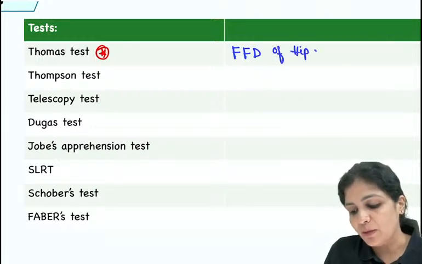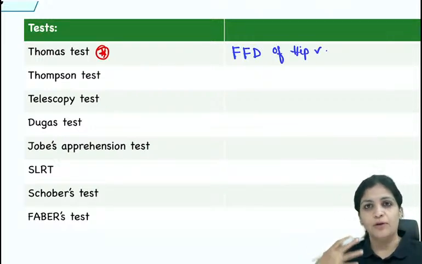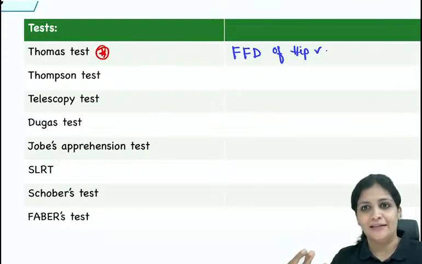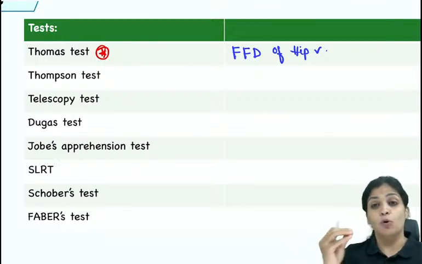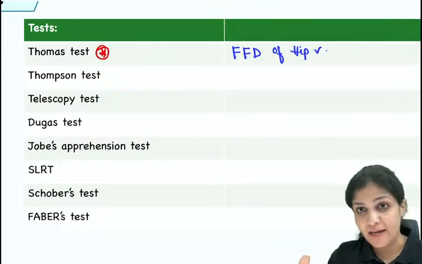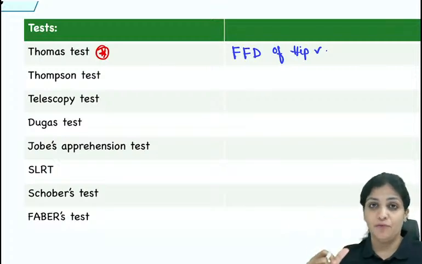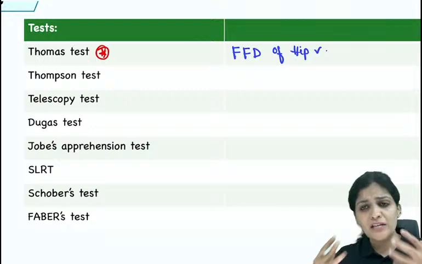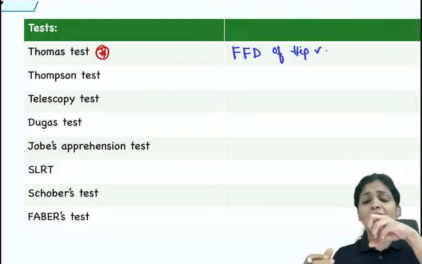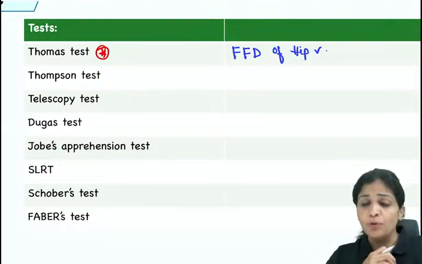So what happens is whenever there is a hip problem, like in TB hip or osteoarthritis or avascular necrosis, the hip goes into flexion deformity, right? So whenever it goes into flexion deformity, it is compensated by the lumbar spine because the patient has to walk. What is flexion deformity? That means the hip is going and sitting in flexion. Do you think you can walk when the hip goes into flexion?